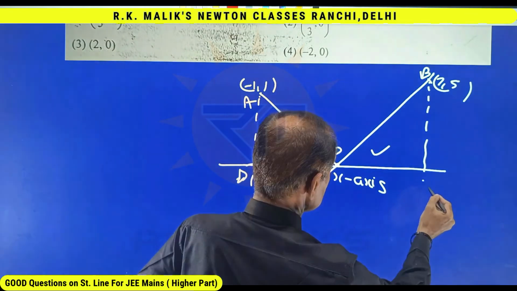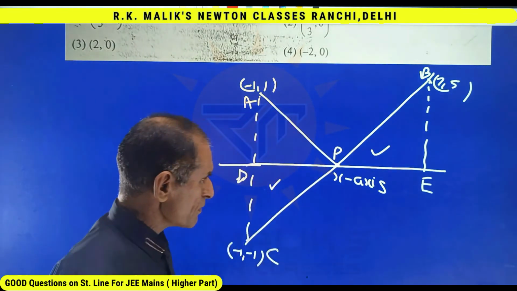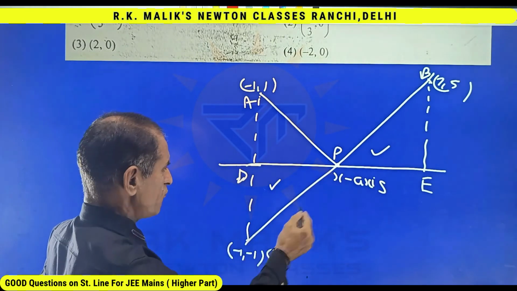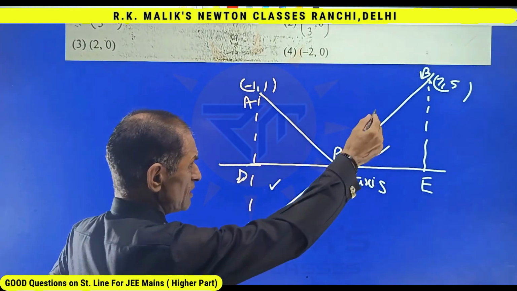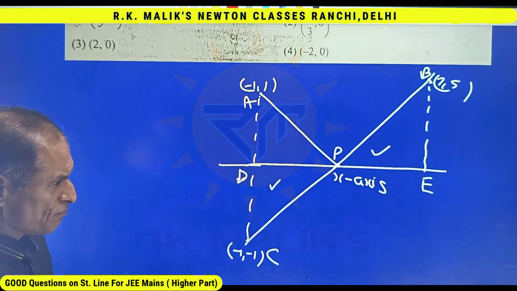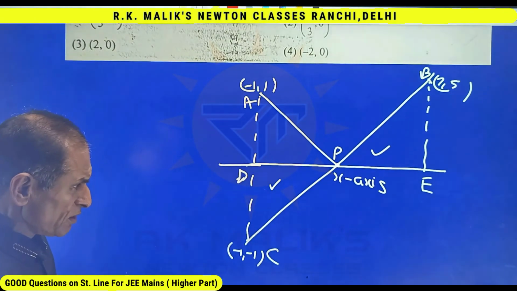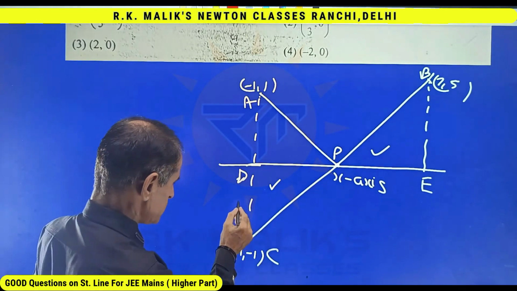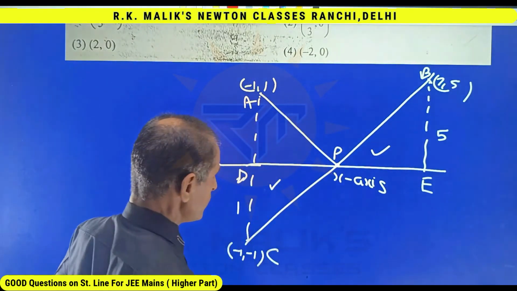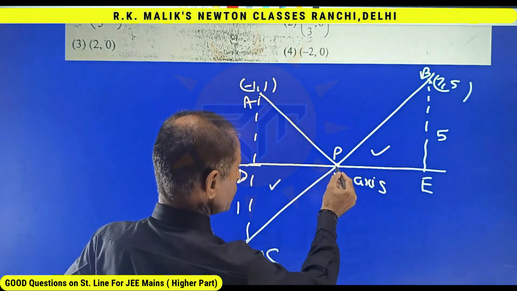Suppose this point is E. It is clear that the length DP is to PE will be equal to DC is to BE, because the two triangles are similar, and this length is clearly 1, this length is 5.